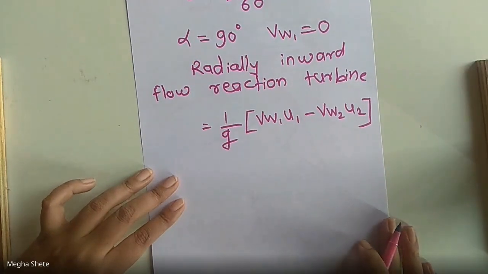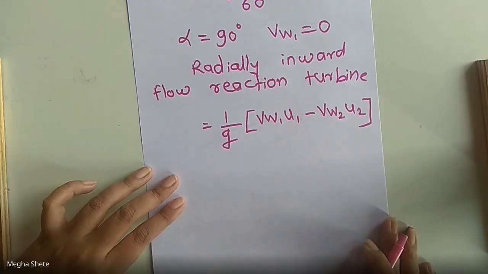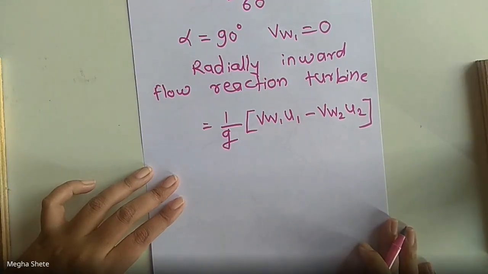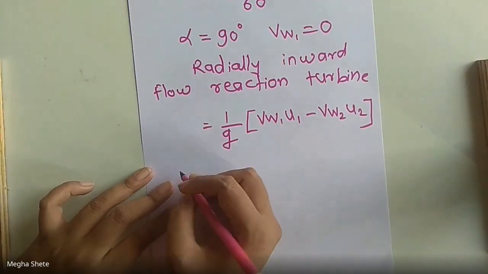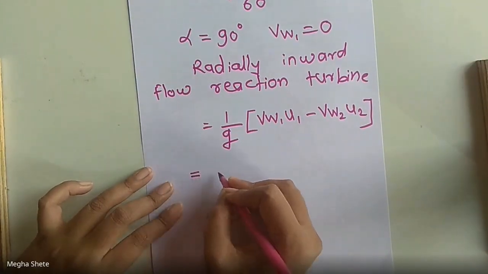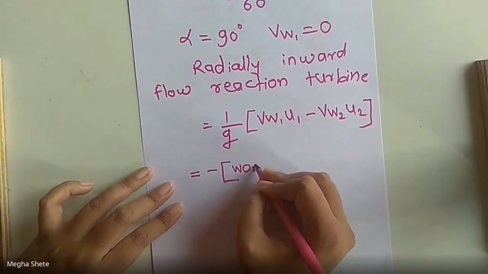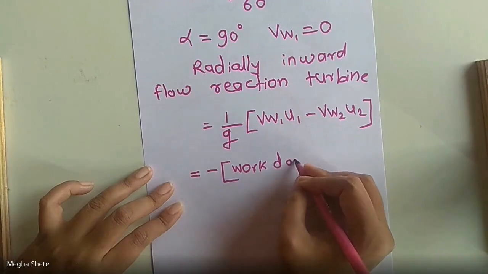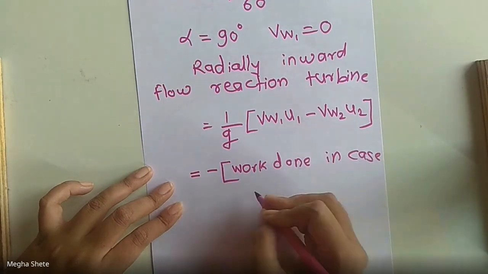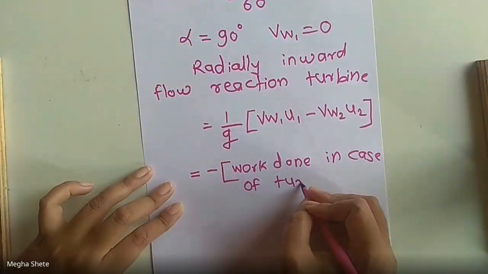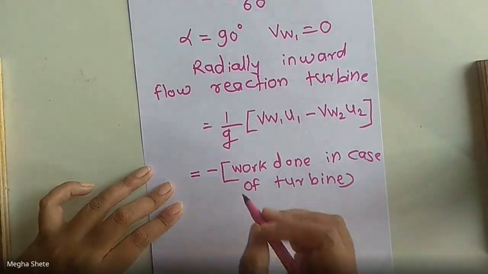Then work done by the impeller on the water per second per unit weight of the water striking per second, in case of centrifugal pump, will be equal to minus the work done in case of turbine.